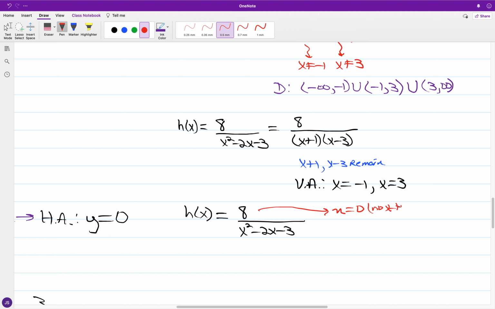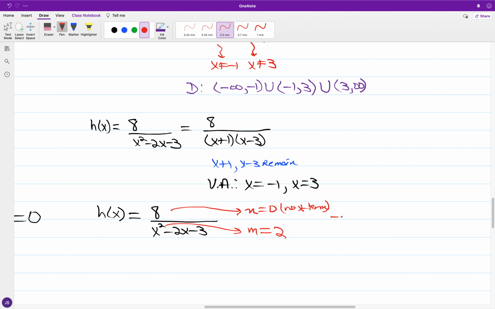And we have in the denominator, okay, so you have m is equal to 2. And once again, between n and m, n is less than m. And so we're going to have a horizontal asymptote, which will again be y is equal to 0.